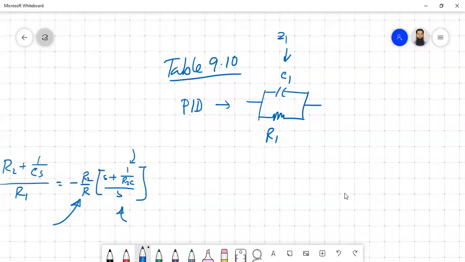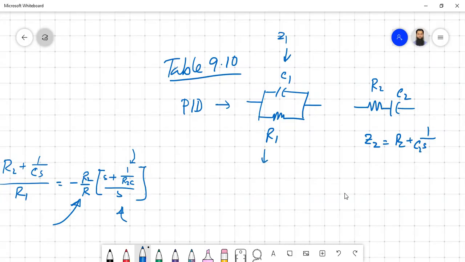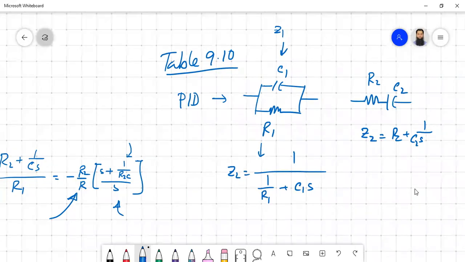And Z2, as we have just shown, has to be a series resistor and capacitor, basically R2, C2. Now you find out what Z2 will be. Z2 will be R2 plus 1 by C2S. Similarly for this one, you can take help of the admittance. Z1 will be 1 by the conductance, that is 1 by (1/R1 plus C1S). Then you can finally simplify the thing.